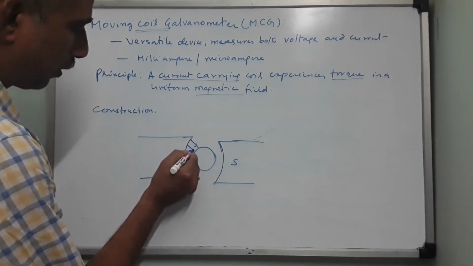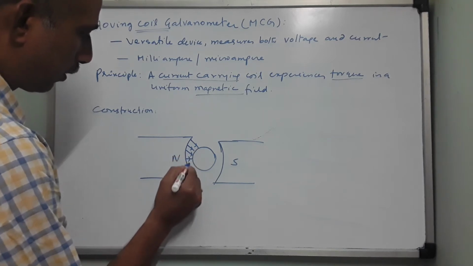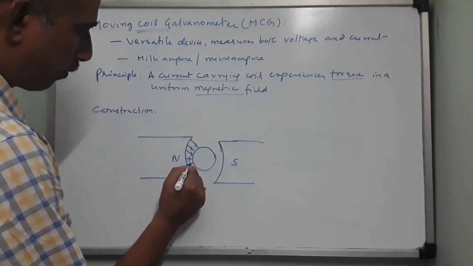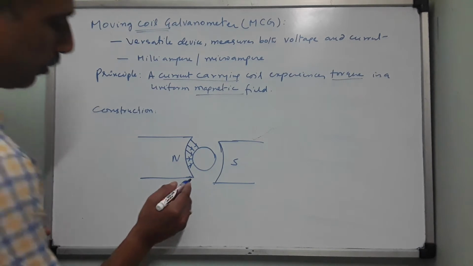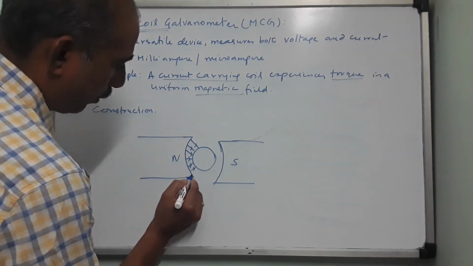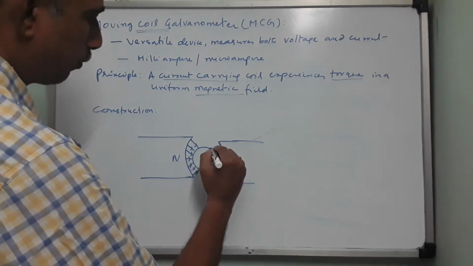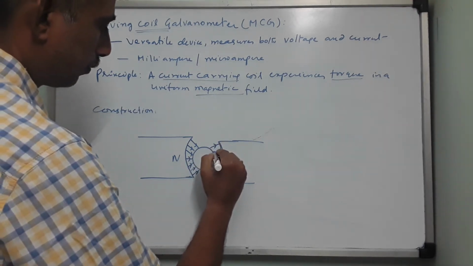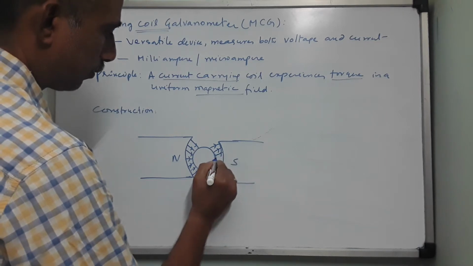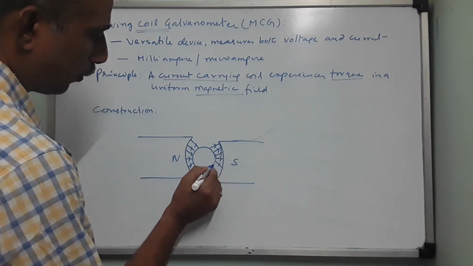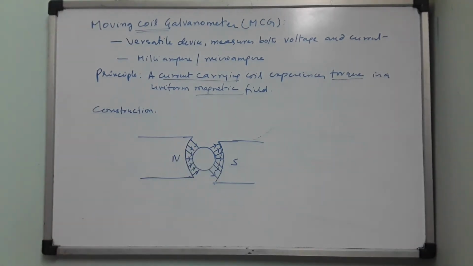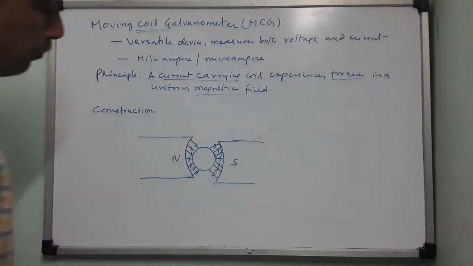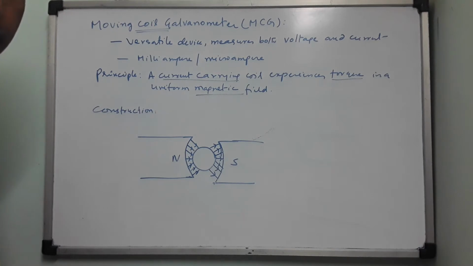I am drawing the magnetic field lines. If the face is a cuboid, it will produce parallel field lines. Now as it is concave shaped, the field will be radial. Now you can very clearly see, children, the magnetic field lines. So this is a radial magnetic field which is uniform. We will discuss why we create a radial magnetic field.